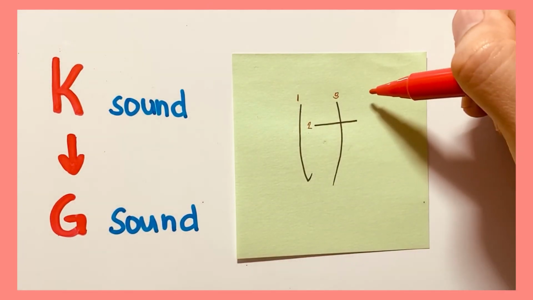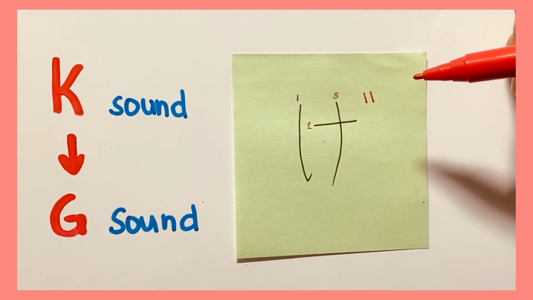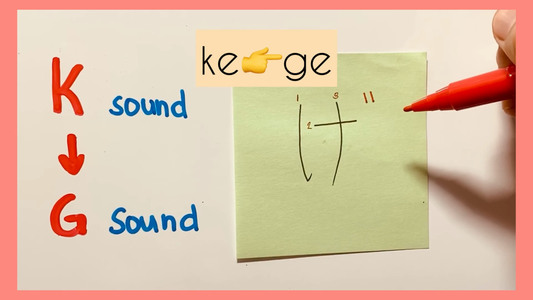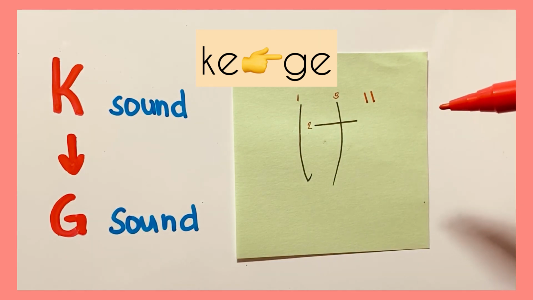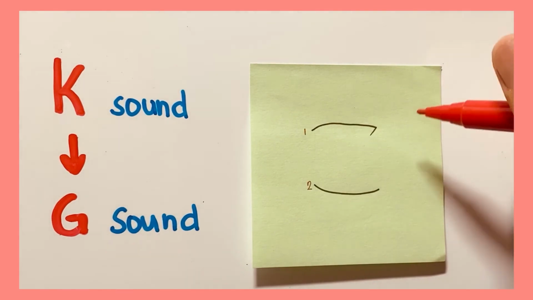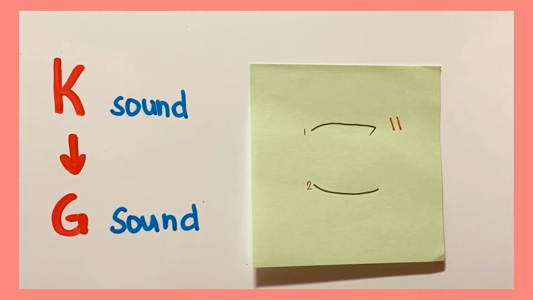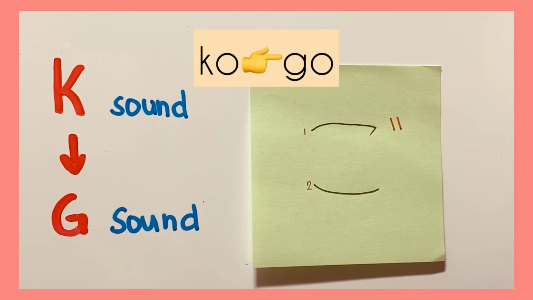So let's add tenten here, and it becomes ge. From ke to ge. Ge. So write some tenten here. From ko, it becomes go. Go. Okay?